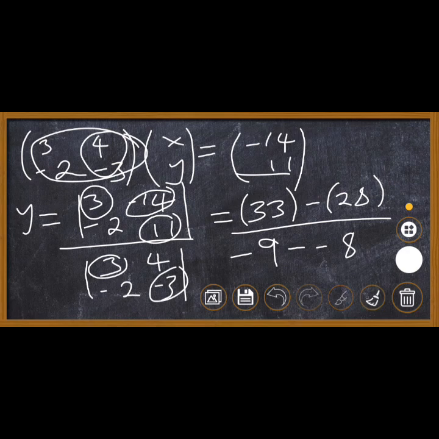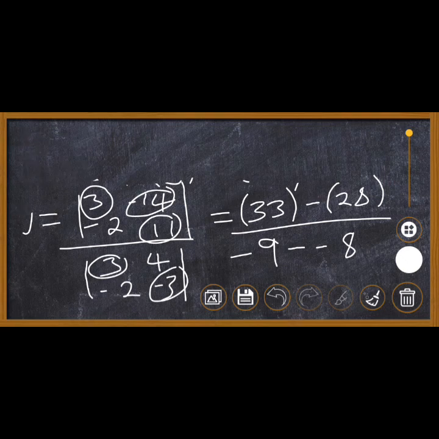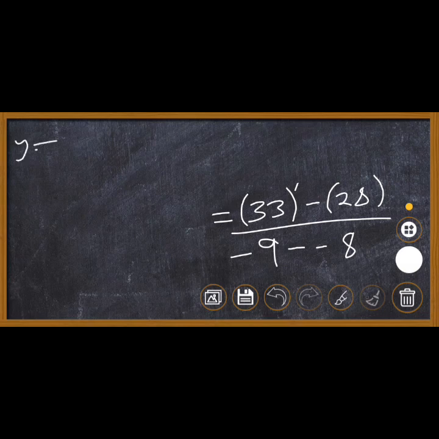Okay, so that's it. Let me just rub here, since we don't need this anymore. Remember, the value of x we have found is 2. So in this case, let's finish up. y equals to, now 33 minus 28 is going to be 5.